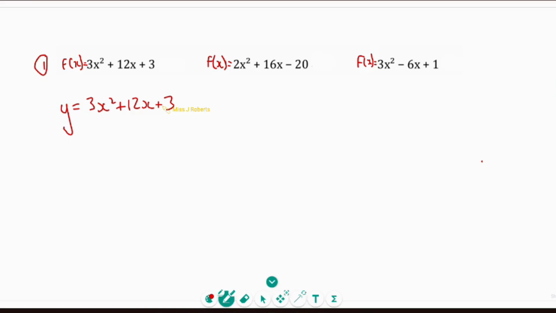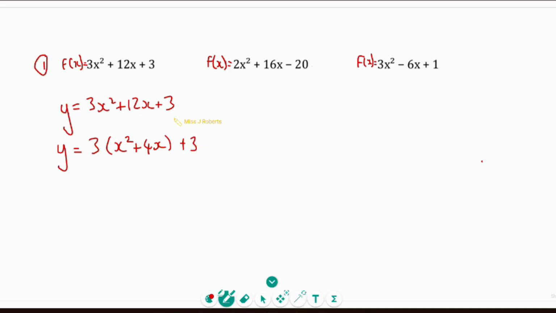It's a quadratic function, so we are going to complete the square, but it's a little bit more difficult completing the square when your coefficient of x squared is greater than 1. I'm going to factorise it by taking 3 out of the first two terms. I'm just going to leave this 3 on the end.